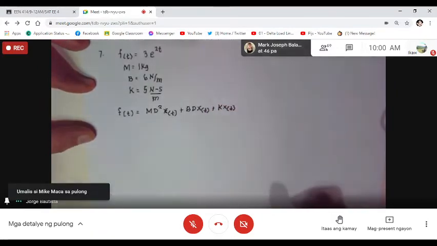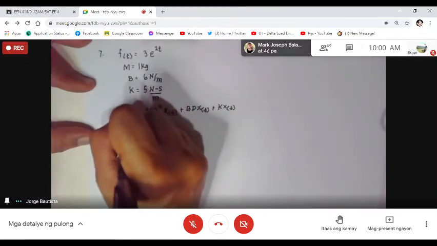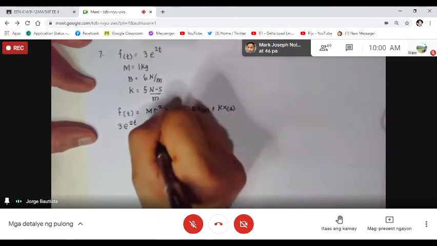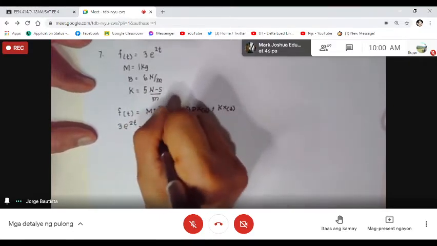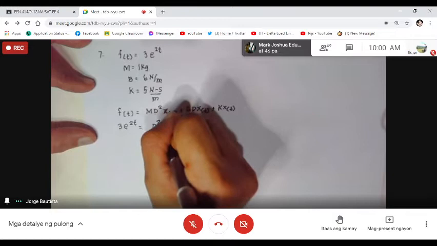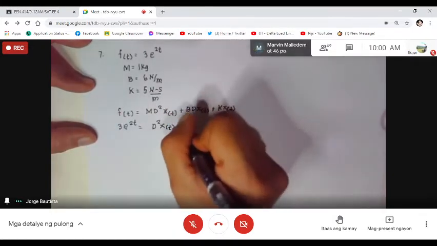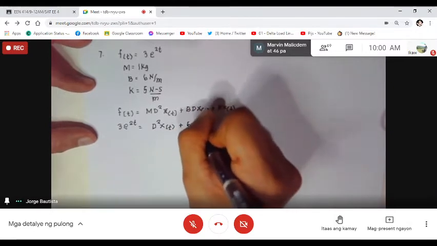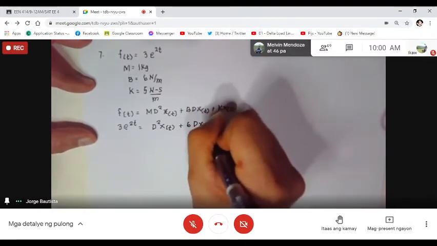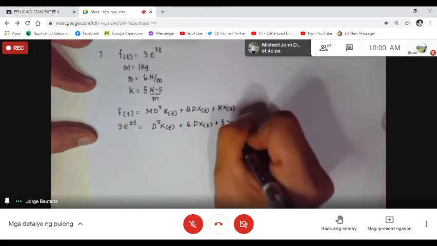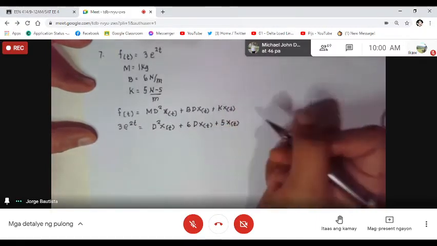Ganyan yan. So, 3 e raised to 2t is equivalent to t squared x sub t because that is equal to 1. 1 kasi yun eh, di ba? Plus 6t x sub t plus 5 x sub t.